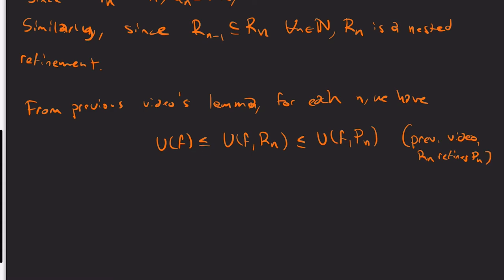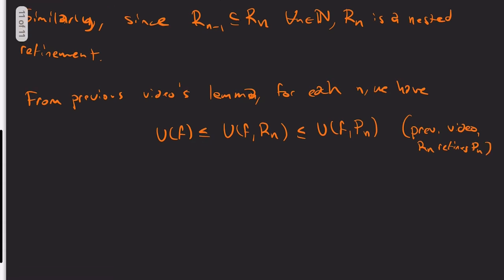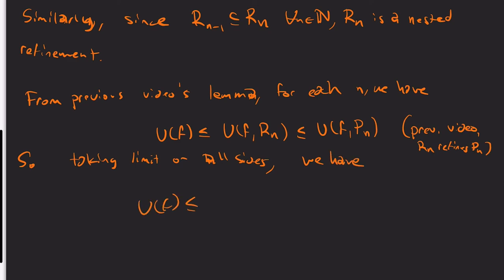I'm just using that result that we showed. So if we take the limit on all sides, we have that U of f is less than or equal to the limit as n goes to infinity of U of f Rn, which is at most the limit of U of f Pn, and this limit is U of f by assumption.